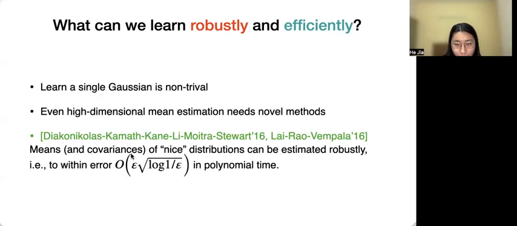This is polynomial in m and has no dependence on the dimension d. This is also our goal, and the goal of any robust learning problem. We don't want dependence on the dimension because we assume the dimension is very high, and that would be too much for us. This result is very important, and we'll also use it in our algorithm as a warm start.